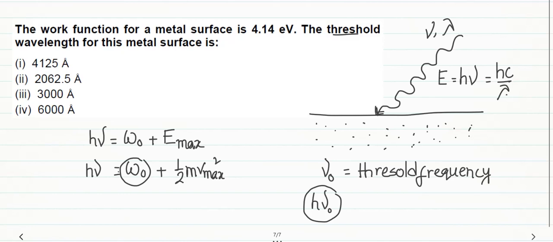Now capital E equals h nu naught equals hc divided by lambda naught. Lambda naught is called the threshold wavelength.